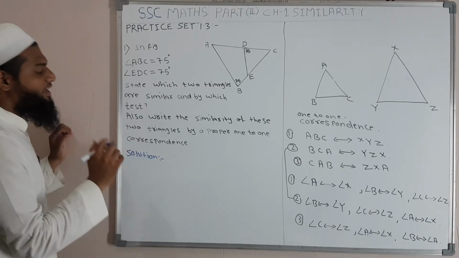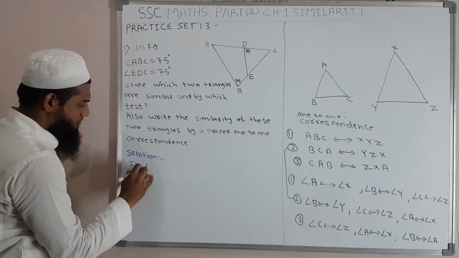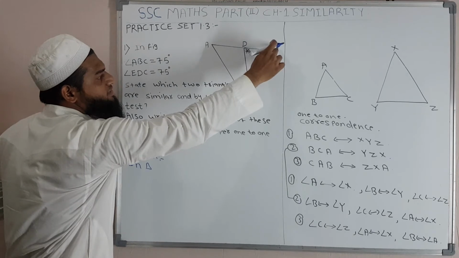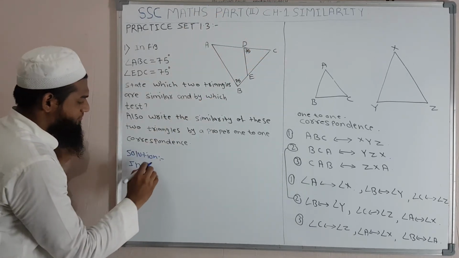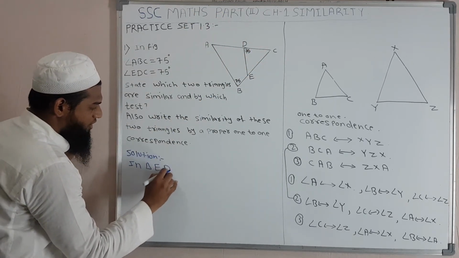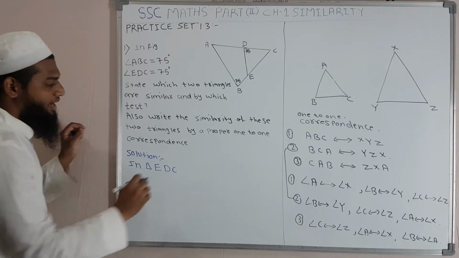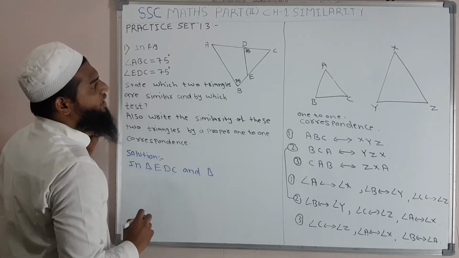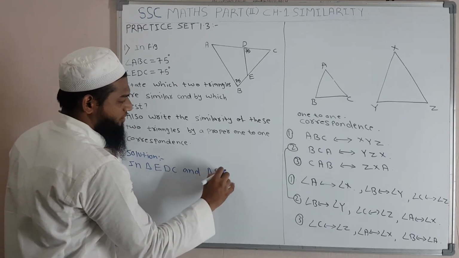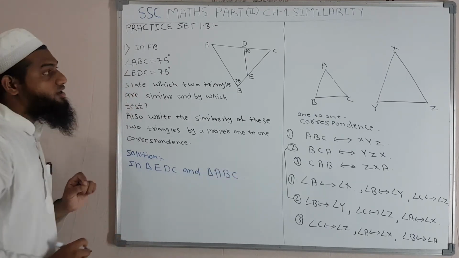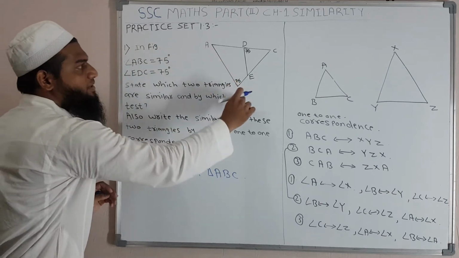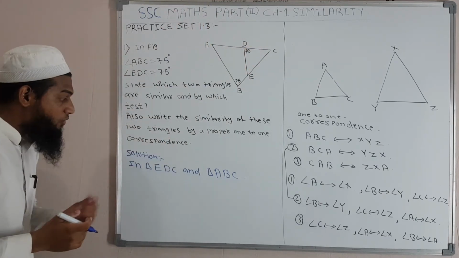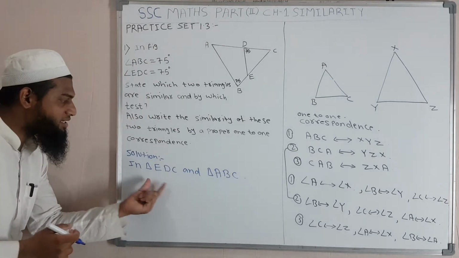First, in triangle EDC and triangle ABC, we are choosing these two triangles, ABC and EDC. What are the corresponding angles here?